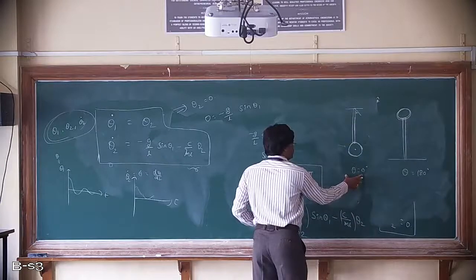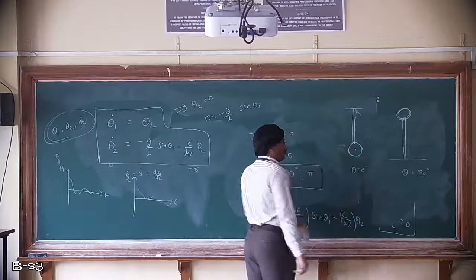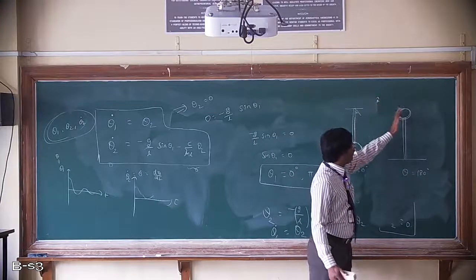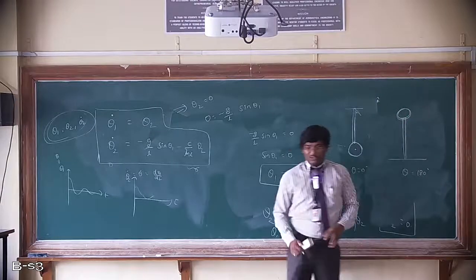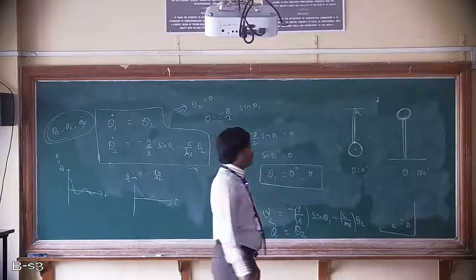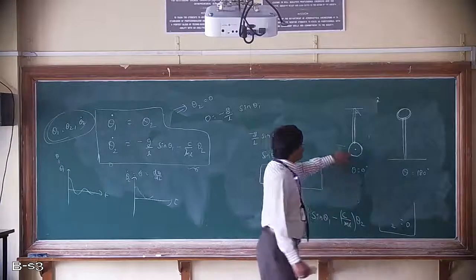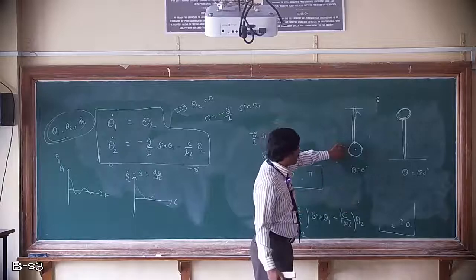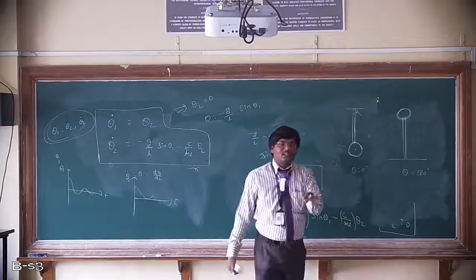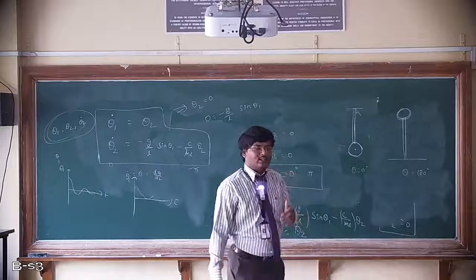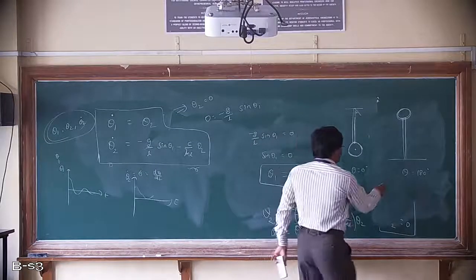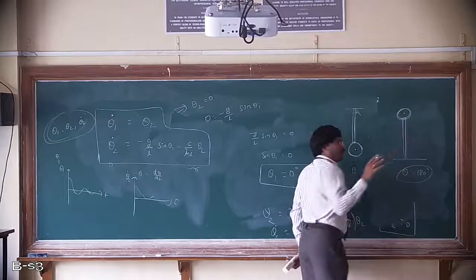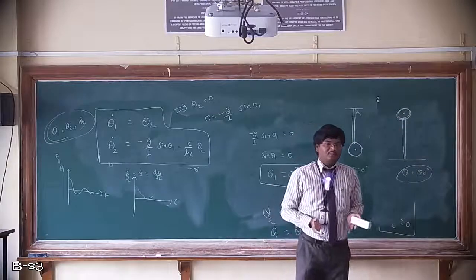So here a very important point: this equilibrium point for the simple pendulum system at theta is equal to 0 is statically stable. At 180 degrees, it is an unstable equilibrium point.